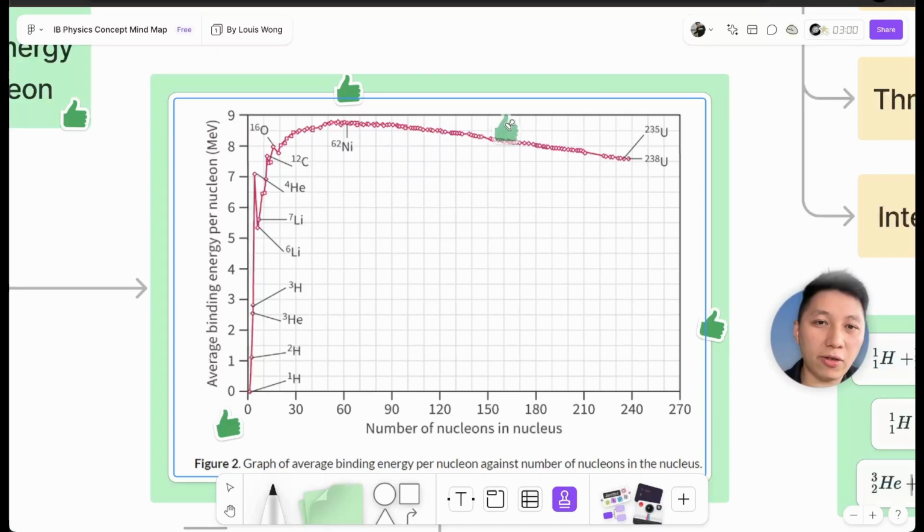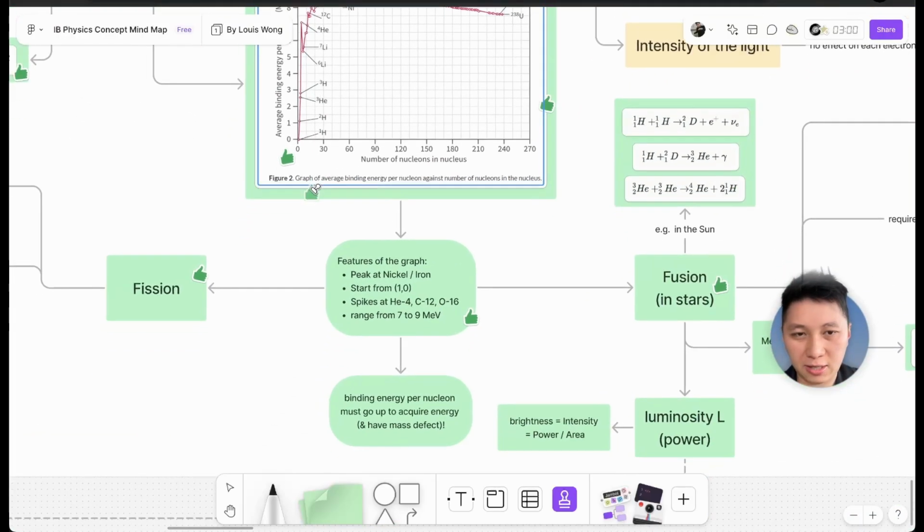Same idea on the right-hand side, for example uranium. When you split them, it goes from here to somewhere higher. Of course, you are not going to split beyond iron, nothing smaller than iron. So again the binding energy will increase, and this is how you get energy. Going up gives you energy in the nuclear reaction.